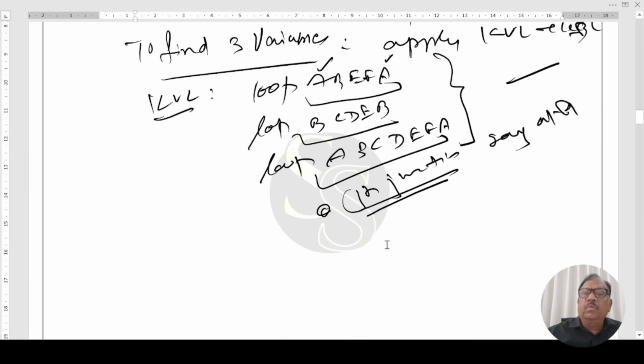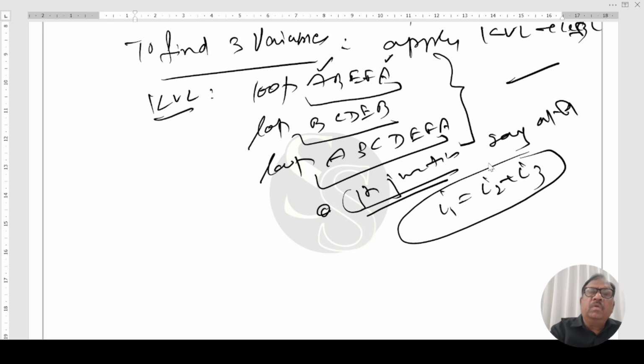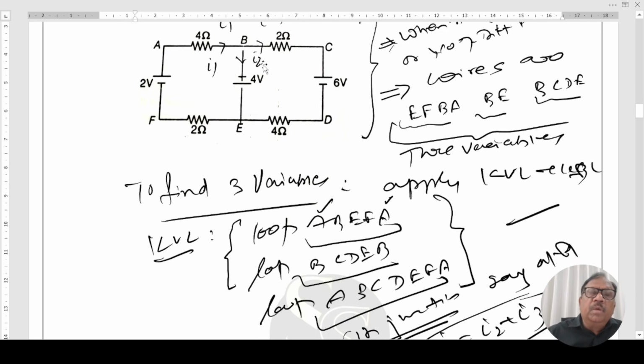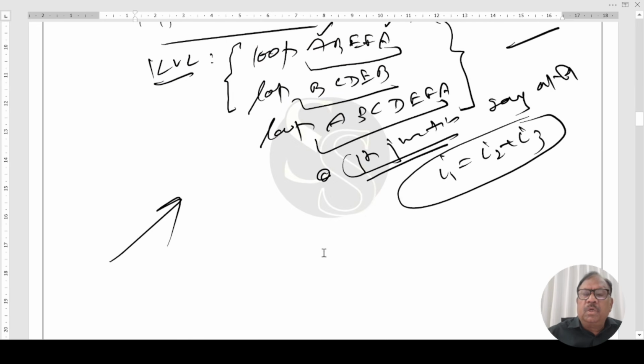I1 should be equal to I2 plus I3. One equation we get this way, and we can apply KVL to these two loops and find the current in the different branches.